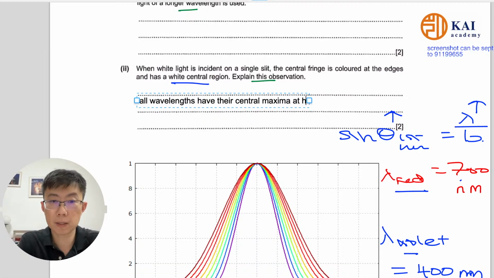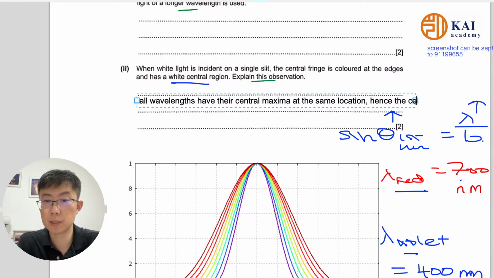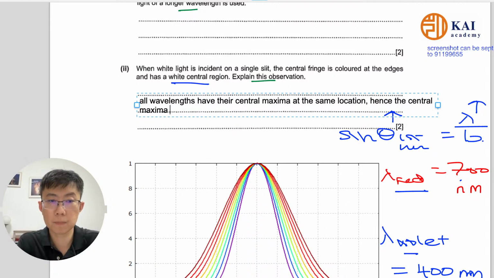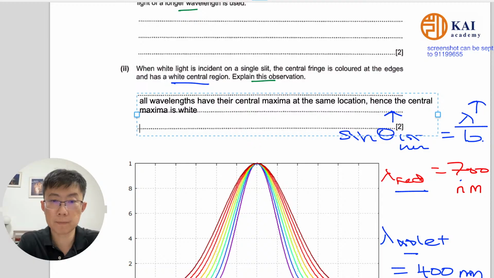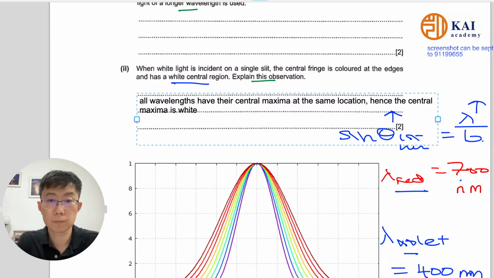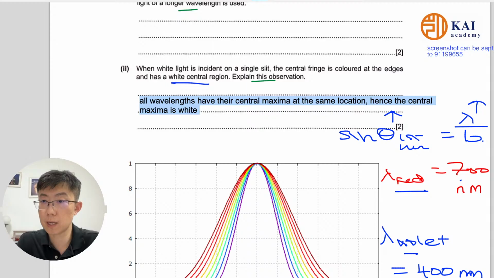So all wavelengths have their maxima at the center, hence the central maxima is white.